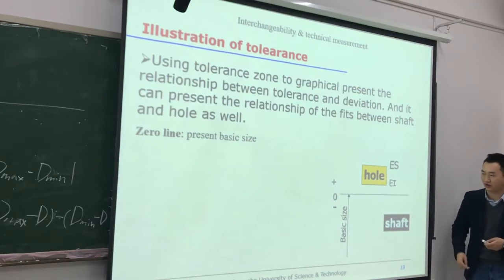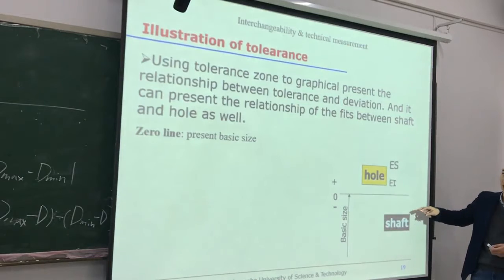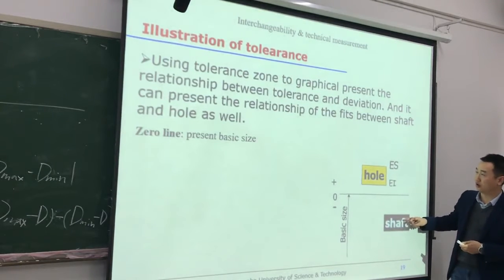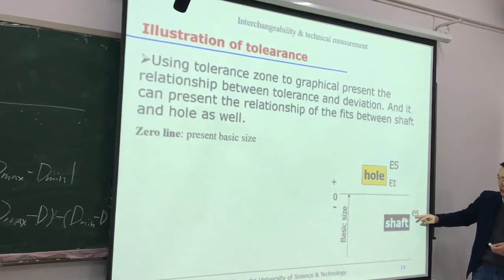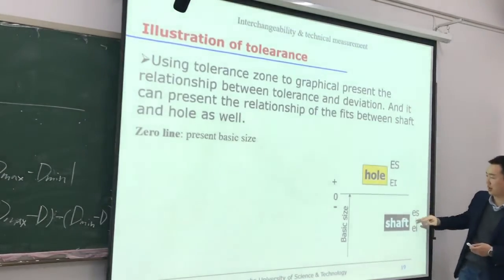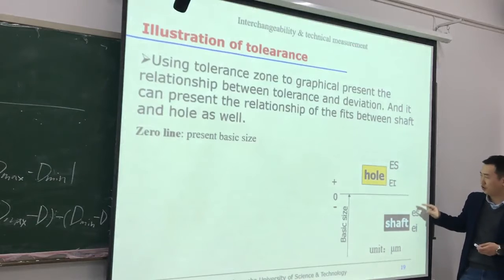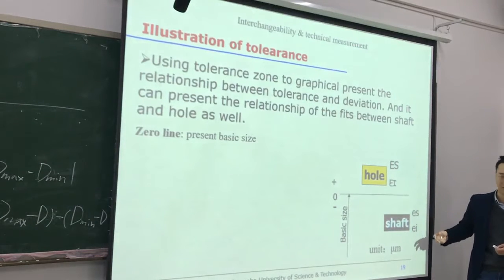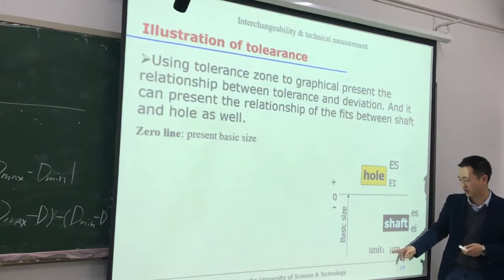We also need to draw another rectangle to represent the shaft, to show the tolerance zone of the shaft. We also write its upper deviation, lowercase es, and its lowercase ei here. The exact value should be written here.